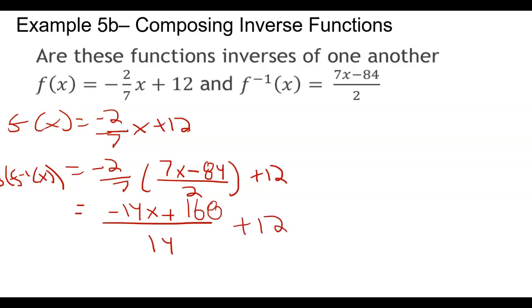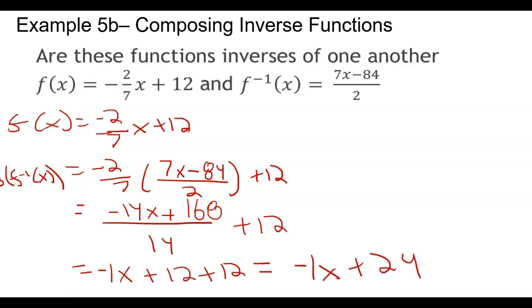So I distributed my -2/7. And while it may look like it's going to simplify to an x, it's actually -x plus 24.